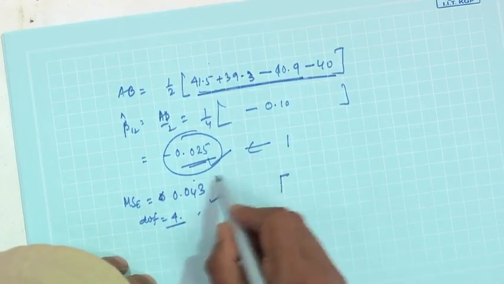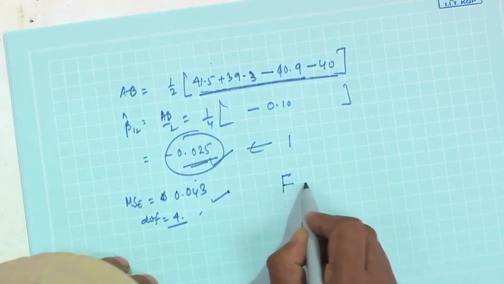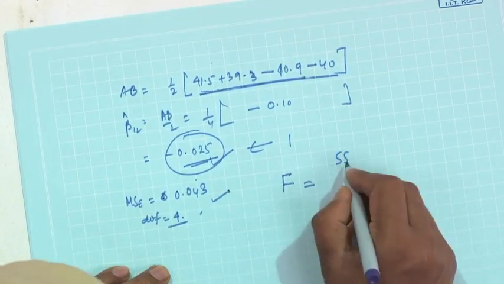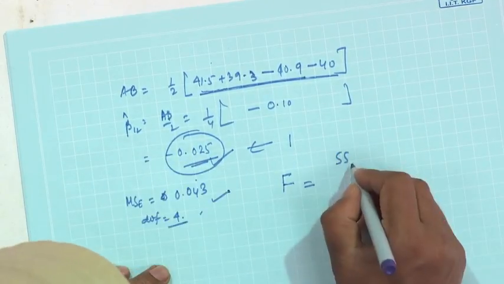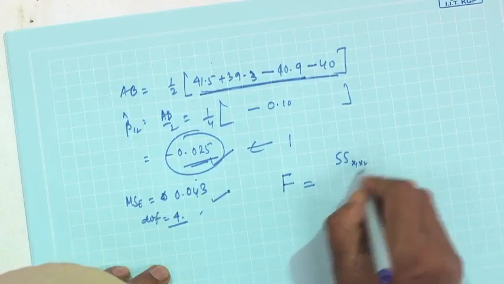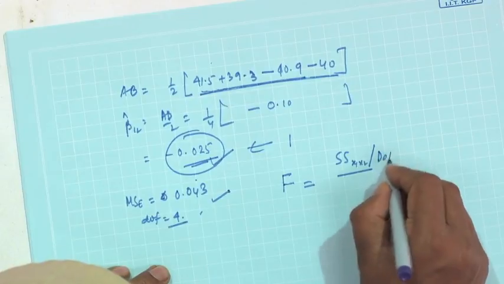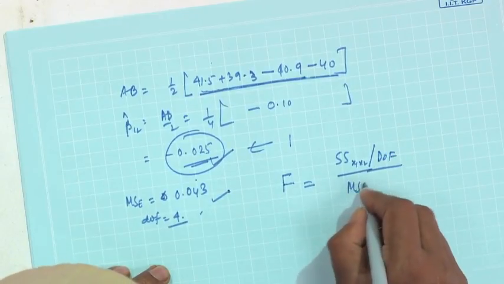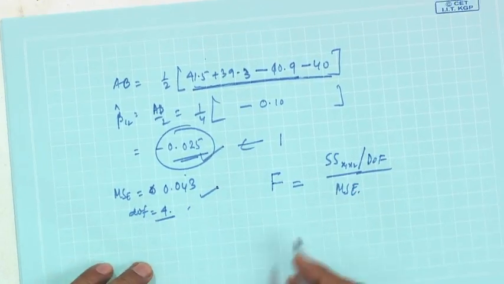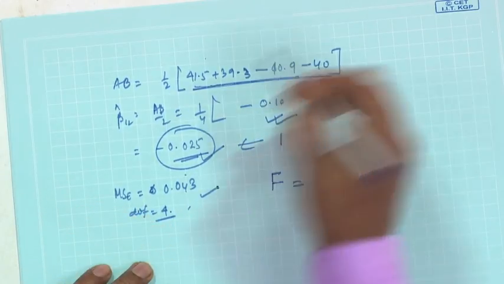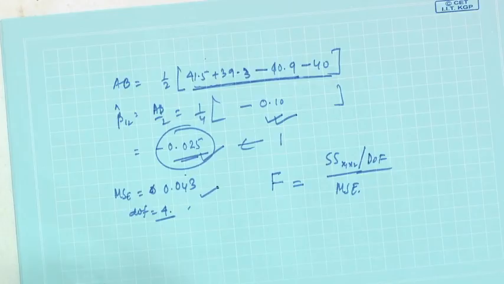Now, in order to get F, you need to find out SS for AB or x1 x2, divided by degree of freedom, by MSE. So, how do you find out SS? You know the contrast, so contrast square divided by 4 will give you SS interaction.